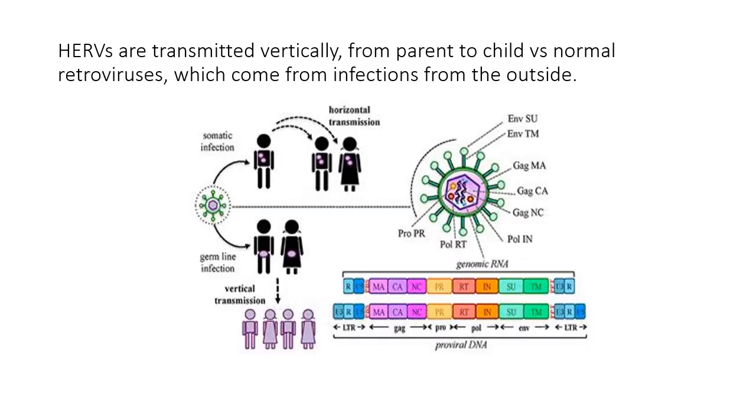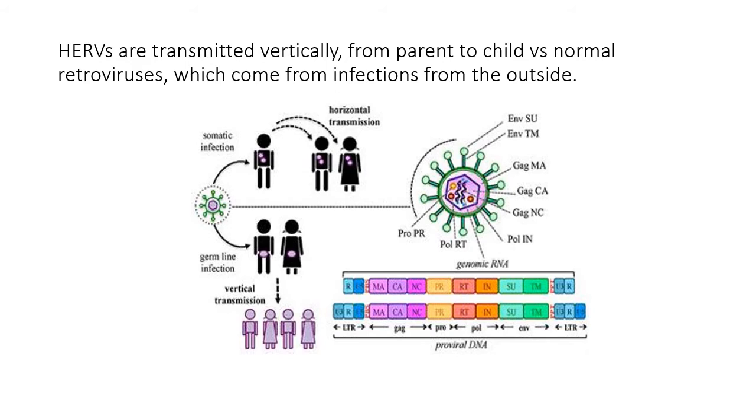Okay, so here's the vertical transmission idea, comparing what happens to a normal virus versus what happens with these guys. Okay, so in a normal virus, you have a virus, and somebody gets infected with it in their somatic cells. There, the virus can replicate from one cell to another, passing itself within the body, but it can also be transmitted to another person. So this is the normal way in which viruses go about conducting their lifestyles.